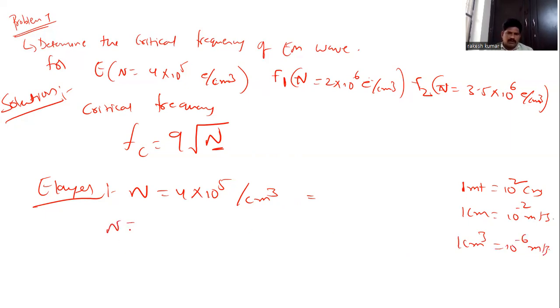So the value of n becomes 4 into 10 to the power of 5 into 10 to the power of 6 per meter cube.